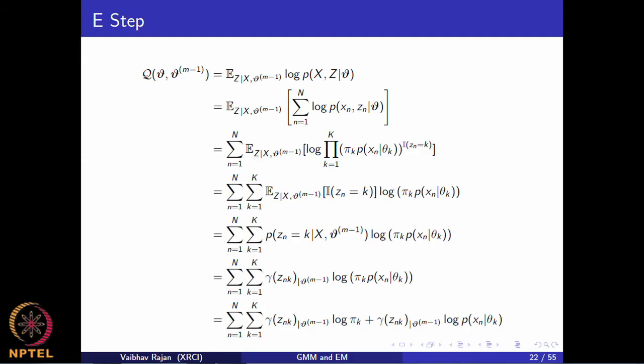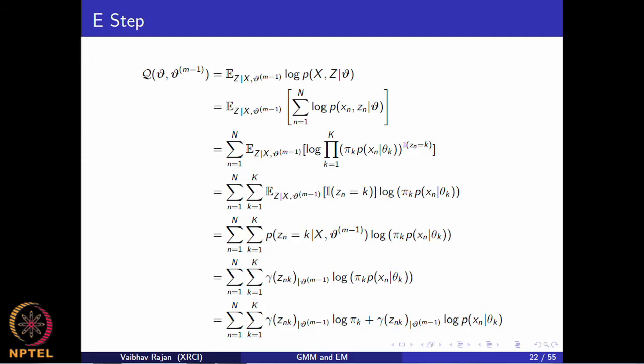The Q function, this is just by definition, is the expectation of the complete data likelihood under the distribution of Z given the previous guessed parameters, right. So, this log likelihood is just the log of the likelihood of xn, zn given the unknown parameters over all the data points.